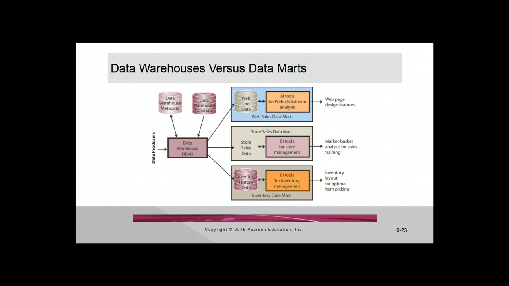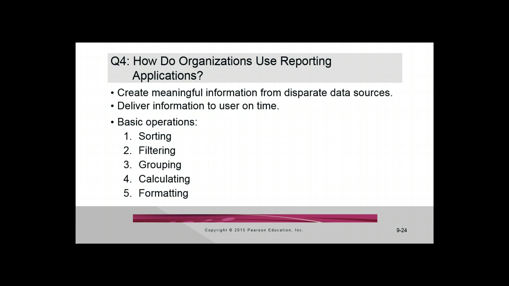So we've been talking a lot about the data, but what I really want to get to is reporting applications. When we have this data in a place where it's cleaned, not dirty, not inconsistent, I can start making decisions on it. The first thing we're going to talk about is reporting applications.